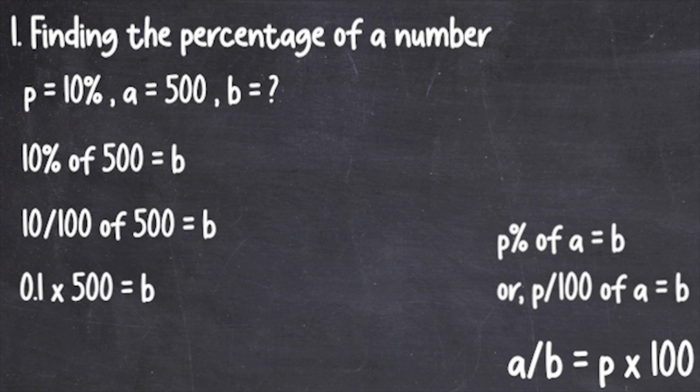So, 10% of 500 means 0.1 times 500, which is 50. So, B equals 50. 10% of 500 is actually 50.